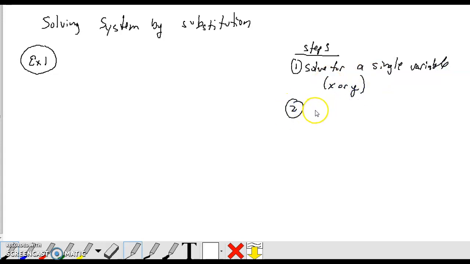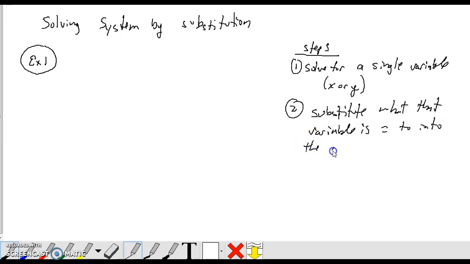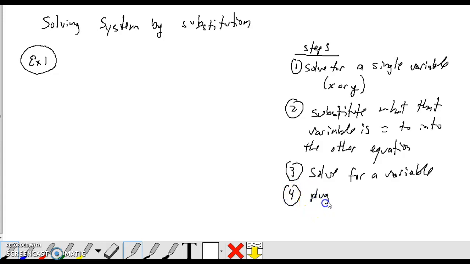And then you are going to substitute what that variable is equal to into the other equation. You're going to solve for a variable, and then you are going to plug in the solution to find the other solution.